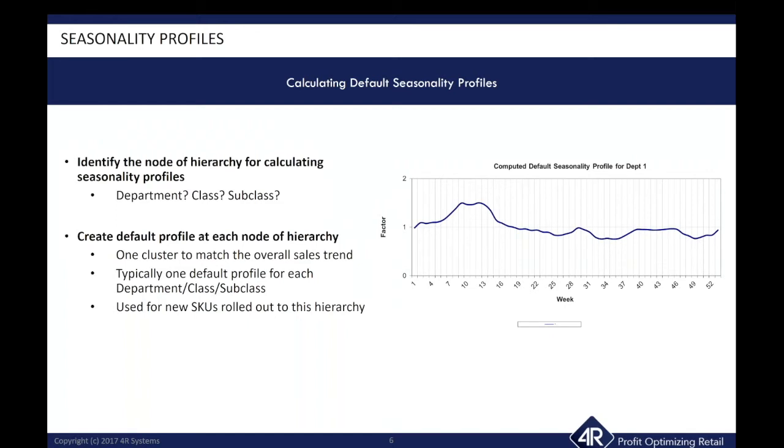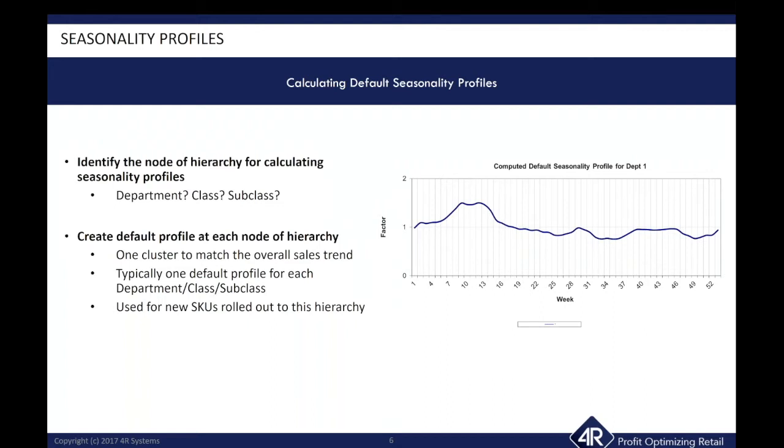So for example, if you have a department level category that was toys, but within this department there were two separate classes, one of which was pool and beach toys and the other was Christmas stocking stuffers, we would advise to create default seasonality profiles at the class level, since there are items with varying sales patterns that all exist within the same overarching department category of toys.